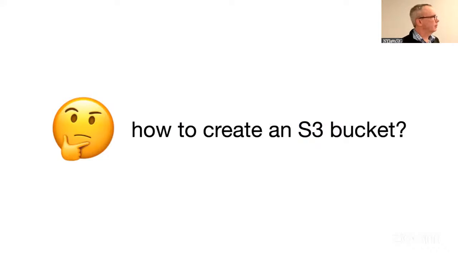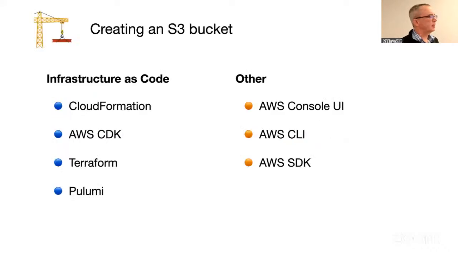So in terms of provisioning buckets, provisioning buckets is something you might do once. You provision a bucket, and then you're not adding buckets every single day. So you as a developer need to think about, what is your strategy for provisioning buckets? Some people have infrastructure as code. Other people just log into the AWS console and click in the web app, and you can say create bucket there.